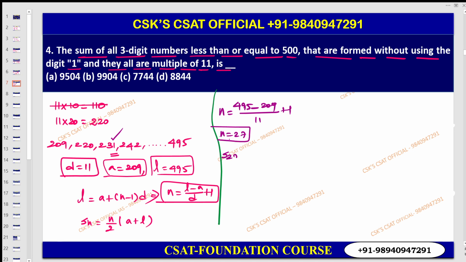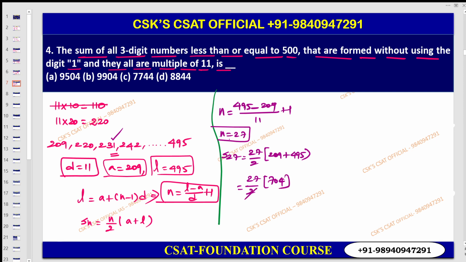Then S of 27 is 27 by 2 into (209 plus 495). 209 plus 495 becomes 704.